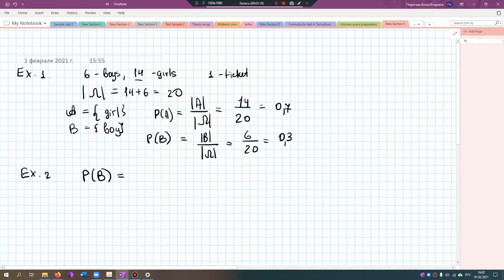Probability of B is equal to the sum over i from 1 to n of the probability of B under the condition when event Hi happens, multiplied by the probability of the event Hi.